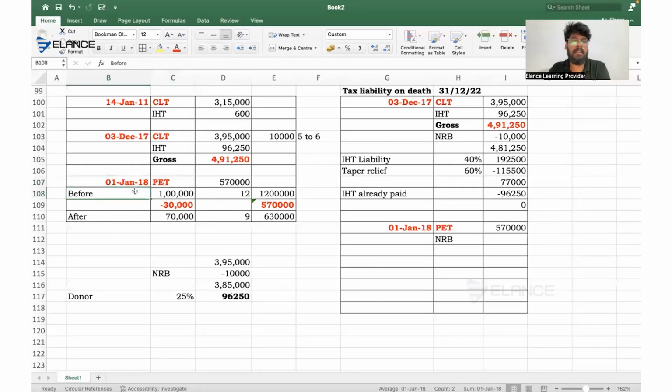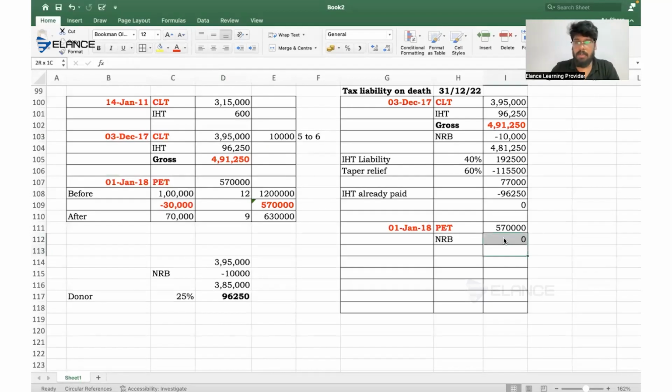This transfer was made in 2018, and in the previous year, 2017, there was a chargeable transfer of 395,000. Within 7 years prior to this transfer, there was a chargeable transfer of more than 325,000, so on this transfer they will never get a nil rate band. On death also, the nil rate band will be 0.